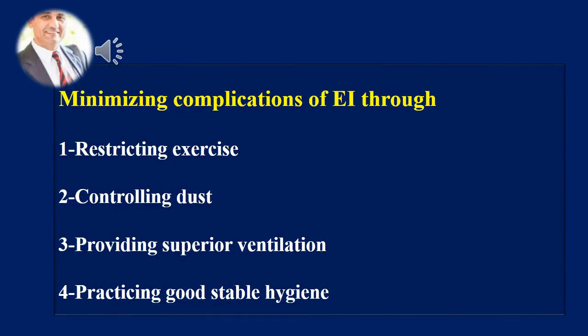Minimize complications of equine influenza through restricting exercise of diseased animals, controlling dust in the barns, providing superior ventilation in the barns, and practicing good stable hygiene for the whole farm.